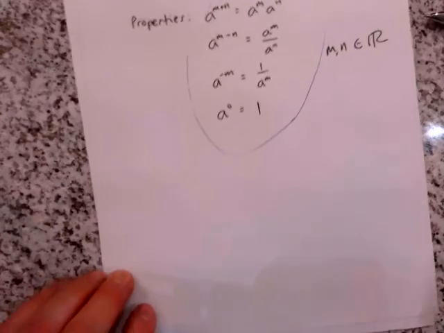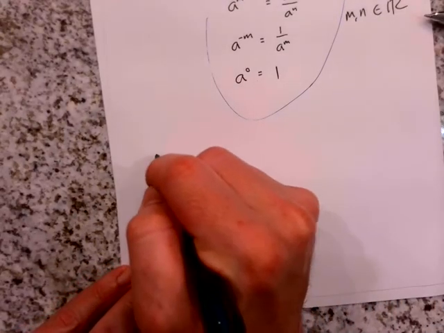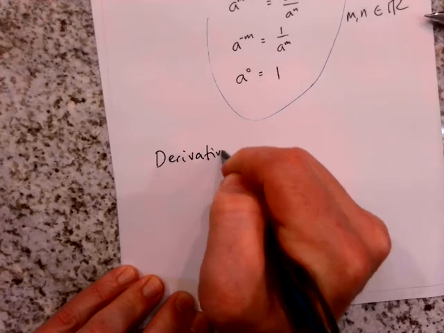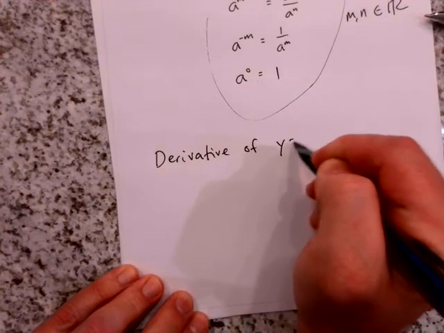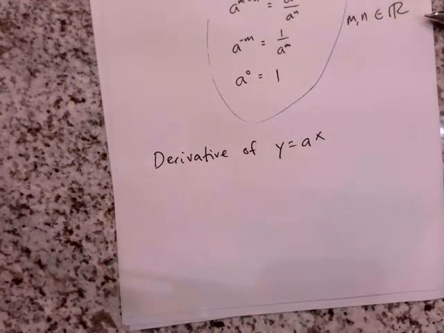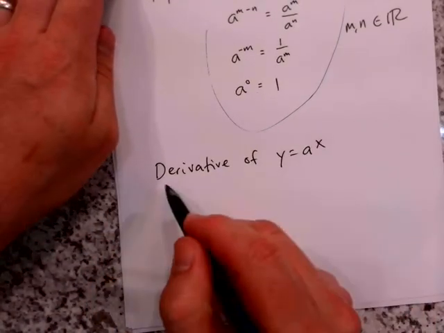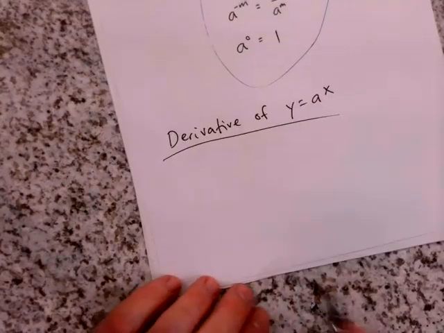What we are going to concern ourselves with is the derivative of an exponential function, so the derivative of y equals a to the x. Let's try to derive this with the limit definition of derivatives and see how far it takes us.